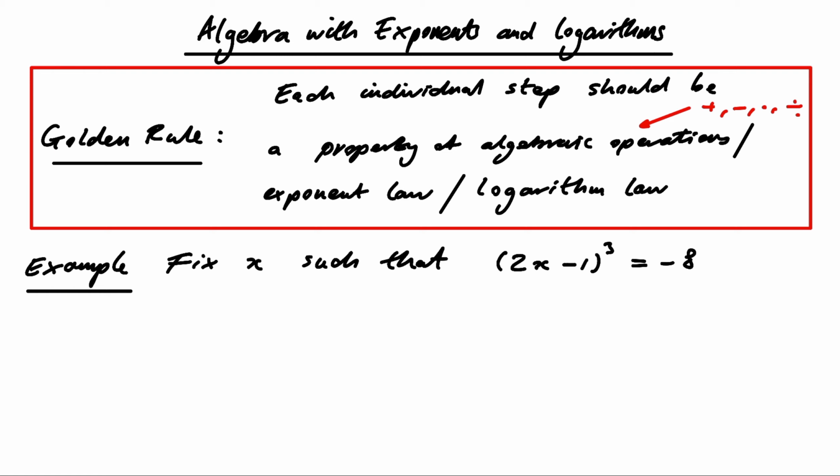So what do I want to do here? Well, basically, I want to deploy my properties of algebra, exponent laws, or logarithm laws to undo this. And the basic plan is always, you've got an equality, you want to do the same thing to both sides, that keeps equality going, it's one of these fundamental principles, and you want to do it in such a way that it unravels each piece.